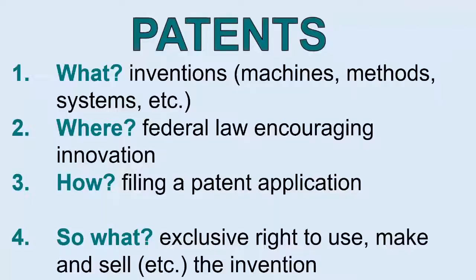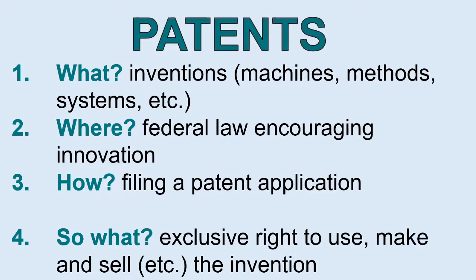And that gives you a monopoly over the invention, essentially the exclusive right to make, use, or sell the invention for a limited period of time, currently 20 years, and you can use the patent to enforce those rights.